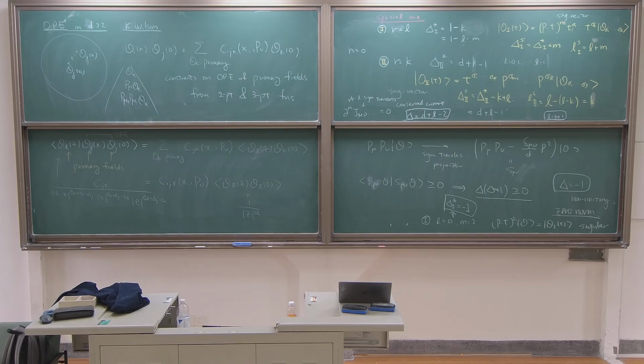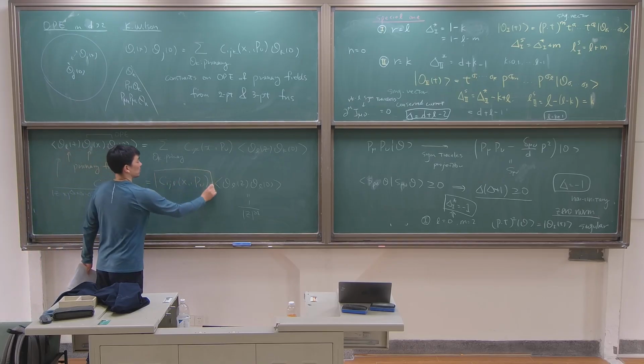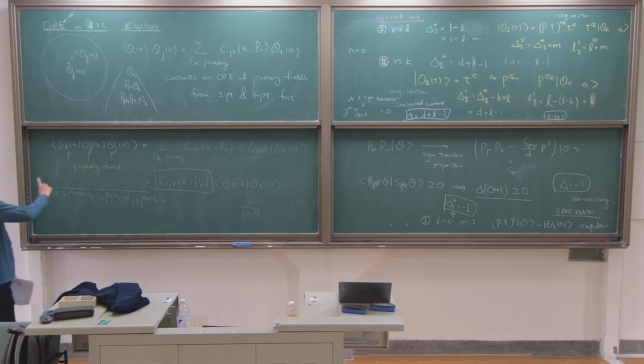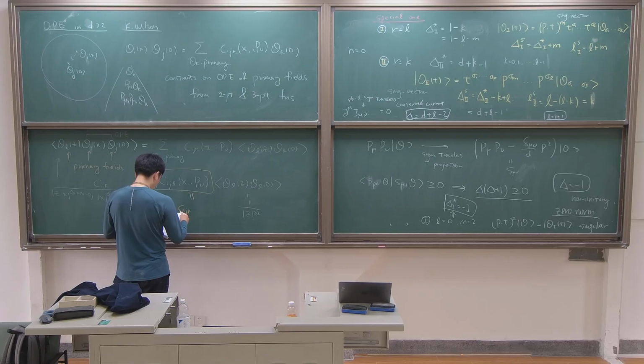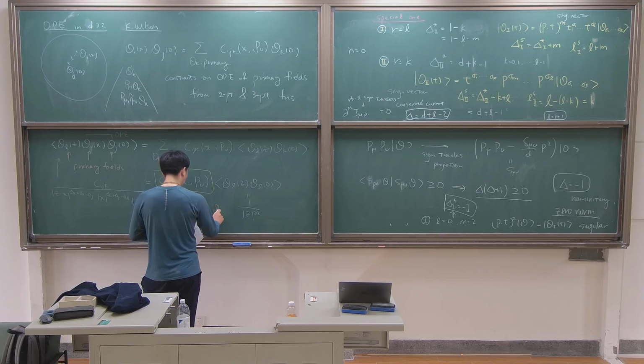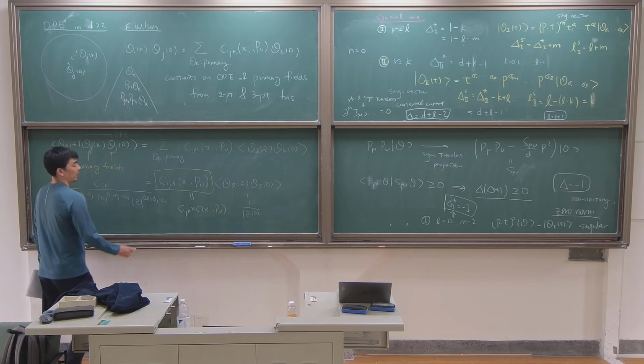So if you compare between the left-hand side and the right-hand side, you can say something about this OPE coefficient. Moreover, this one should take the form C_ijk times some function, which I call C(x, p).